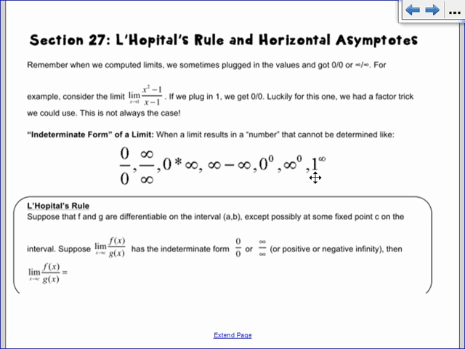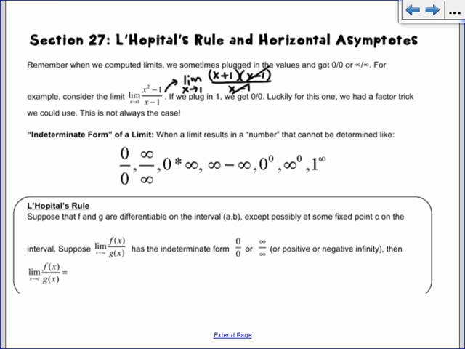Remember when we computed limits, we sometimes plugged in the values and got 0 over 0 or infinity over infinity. Do you guys remember those? Usually there was some kind of factoring trick. So if we had the limit as x goes to 1 of x squared minus 1 over x minus 1, do you guys remember what we did? We just factored the top and the bottom: x plus 1, x minus 1.